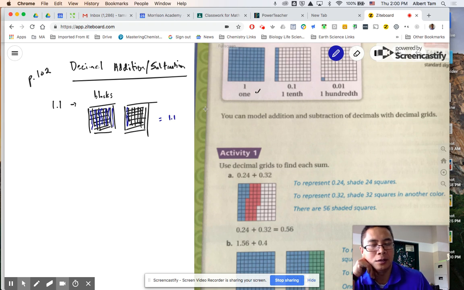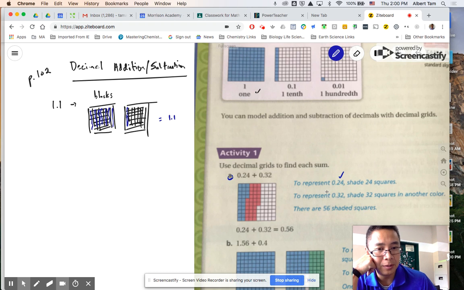So what they're doing on this page is introducing the addition of decimals using the grid. As you can see here, you have 0.24, or 24 hundredths, added to 32 hundredths, and they explain step by step how this works. To represent the 24 hundredths, you shade in 24 of those blocks, and you can see that is done in red.